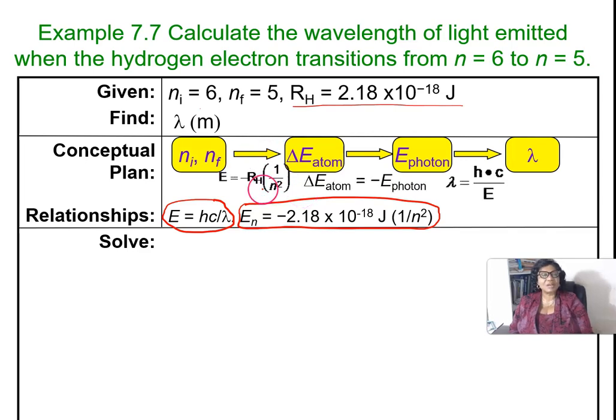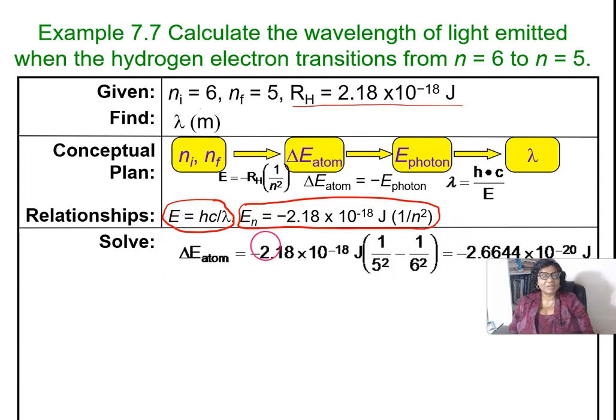This is to find the energy of the electron. Then we find the energy of the atom, the energy the atom absorbs. Then we use that to find the wavelength.